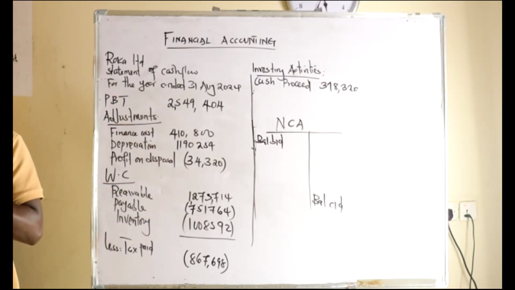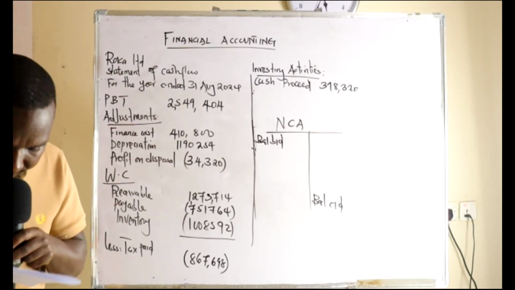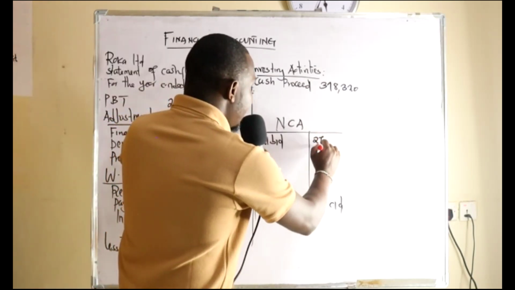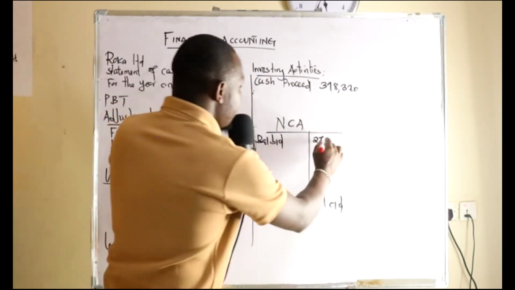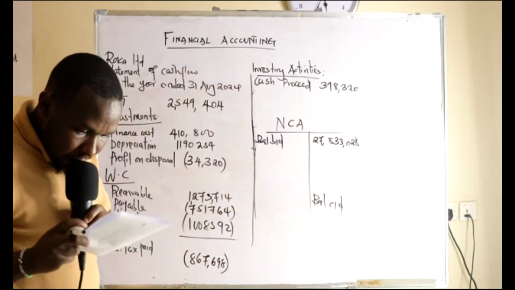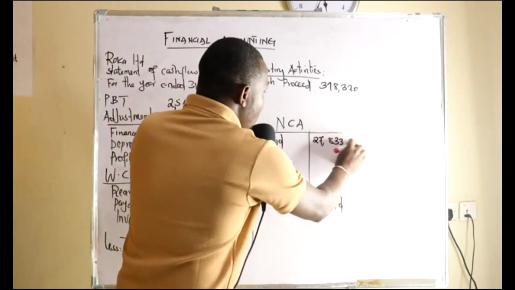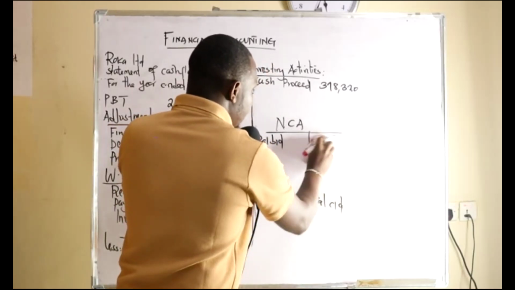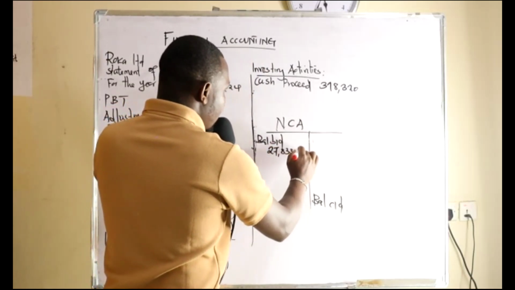Non-current asset at cost for the last financial year, we have 27,833,208.